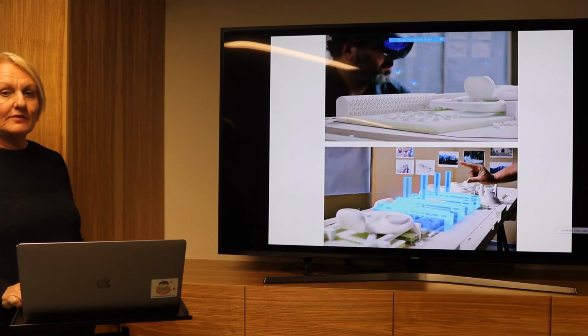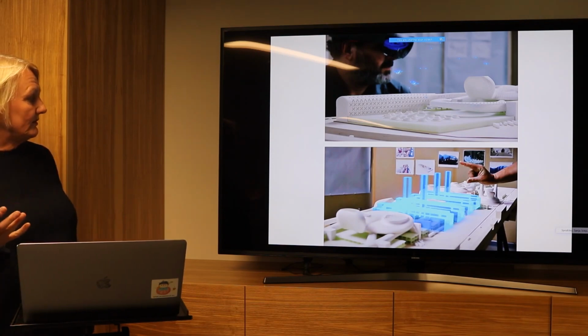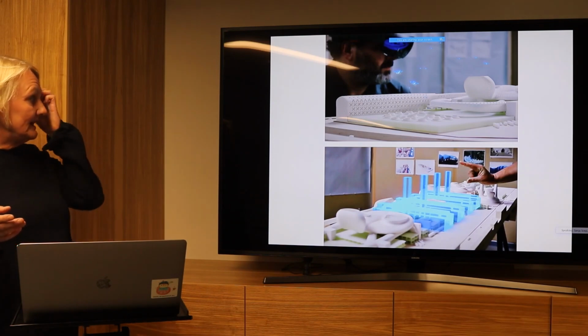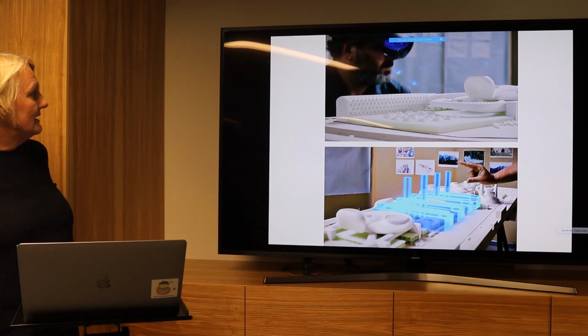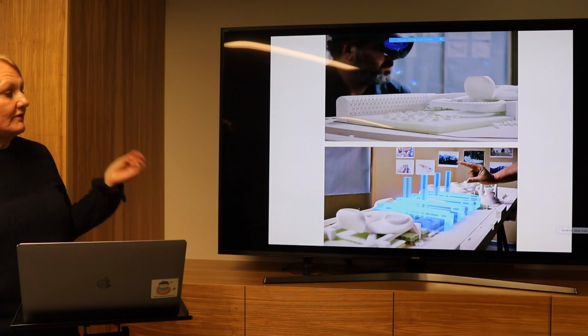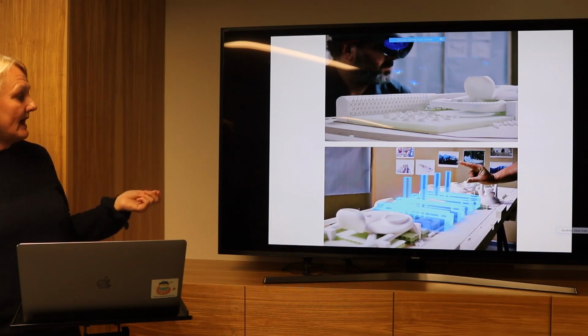This is Greg Lynn from Los Angeles, who also teaches in Vienna, and he's using the Microsoft HoloLens augmented reality system, enabled by Kinect software, to basically set up a prototype project where he's created a physical model of a massive car plant in Detroit, what he would do to transform that site.